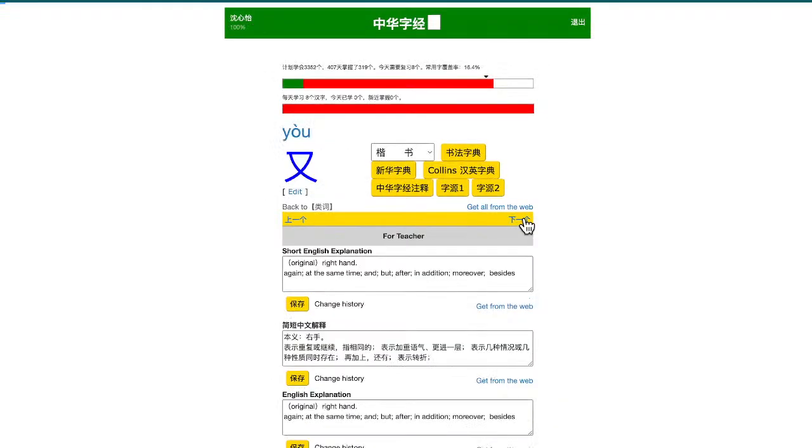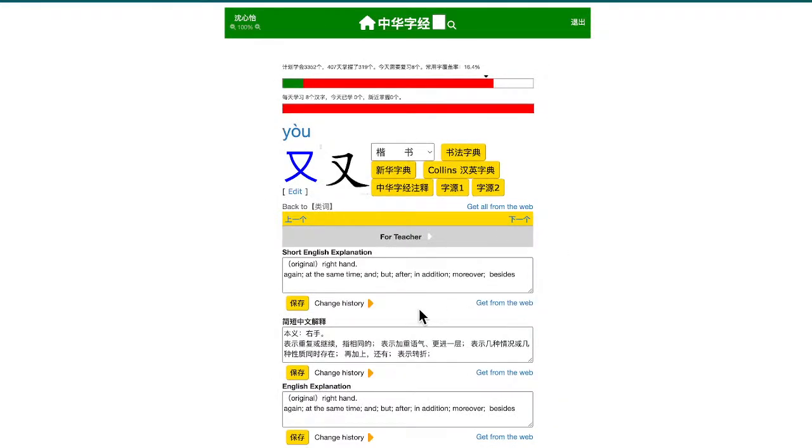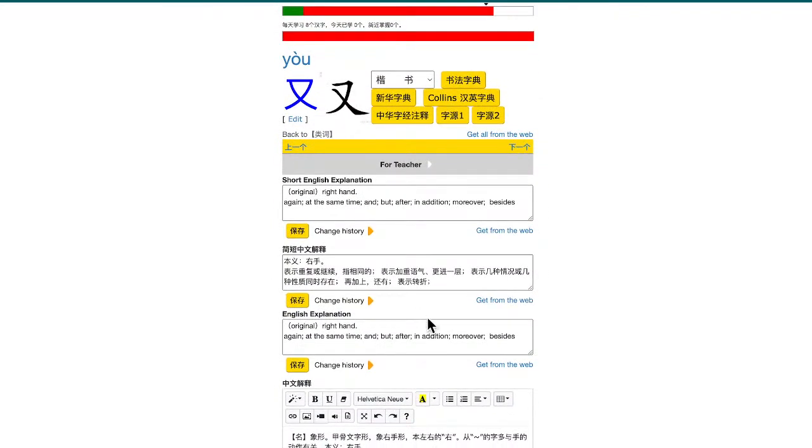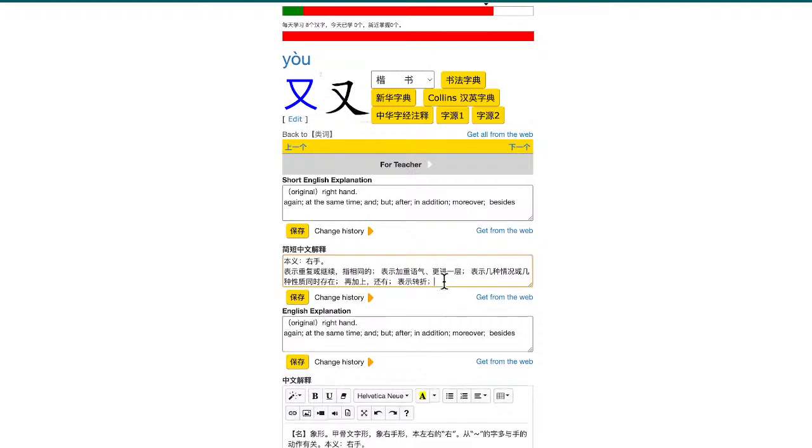Next one, 又. 又 originally is the right hand. In modern Chinese it means again, or at the same time, but also, in addition to, moreover, or besides. So basically the meaning is again, as well. Basically I'm saying something, but I want to add another thing, either of the same kind or equivalent.